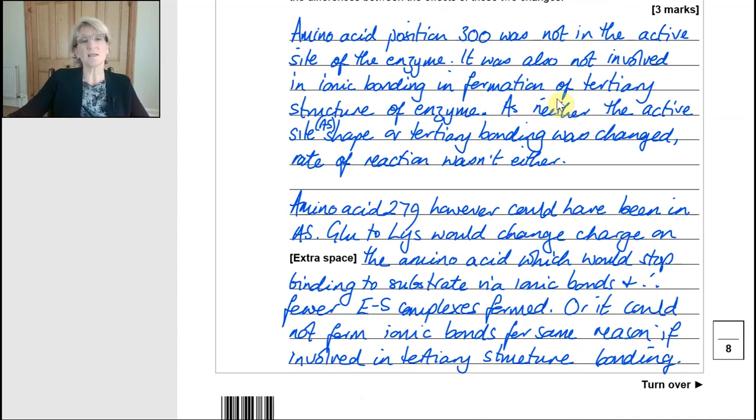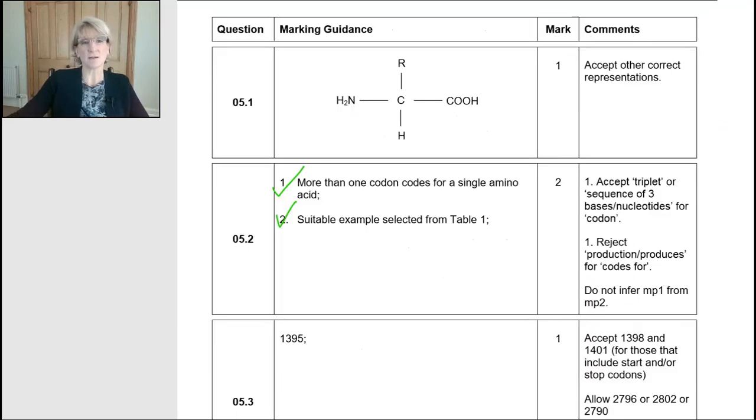There are 2 ways in which these amino acids could have affected the rate of reaction of the enzyme. They are either involved in the active site or they are involved in the tertiary structure of the enzyme, where a bond holds two bits of the primary structure of the enzyme together, which is what I have tried to talk about in this answer.